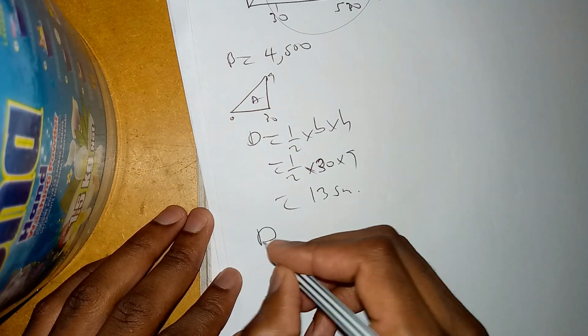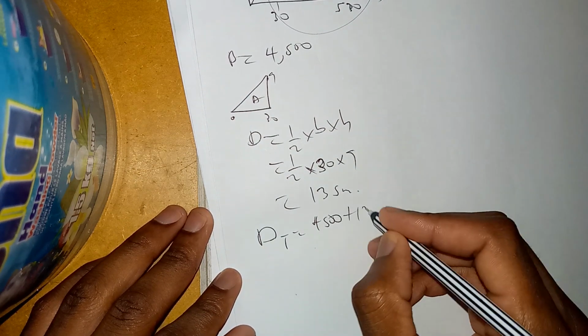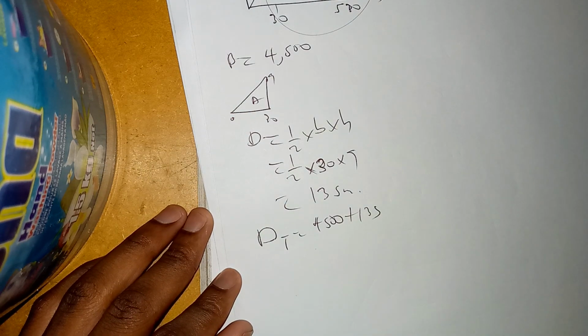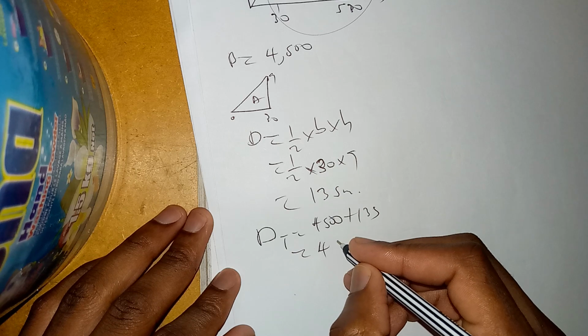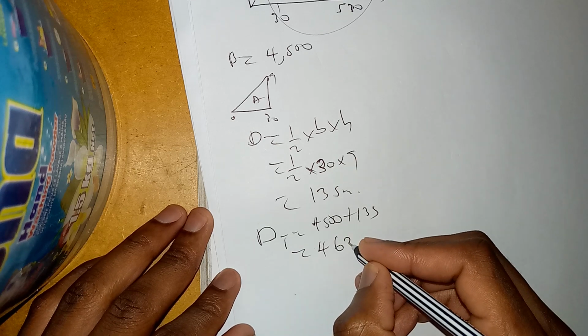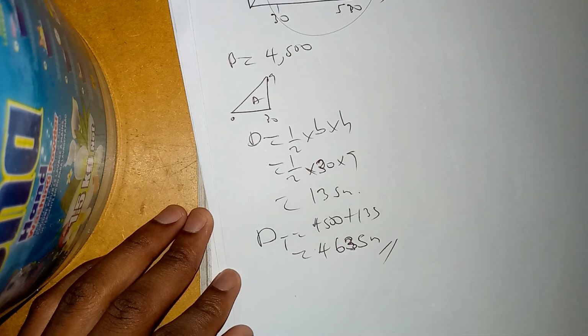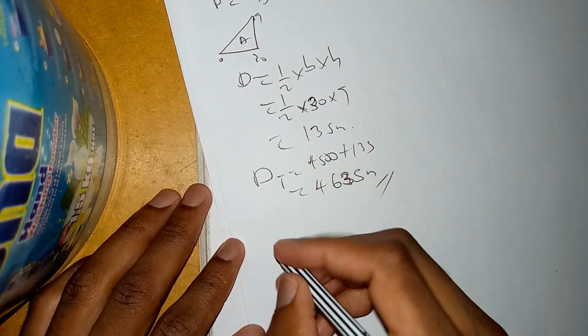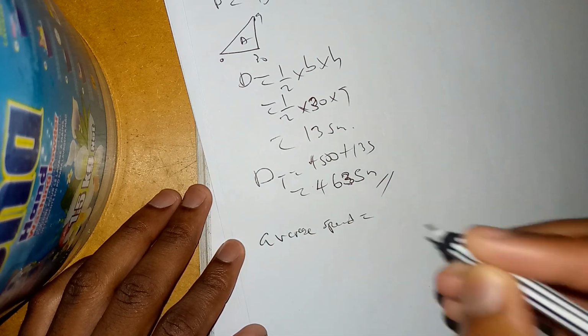So the total distance is going to be 4,500, the first answer that we found, plus 135. So the total distance is 4,635 meters.